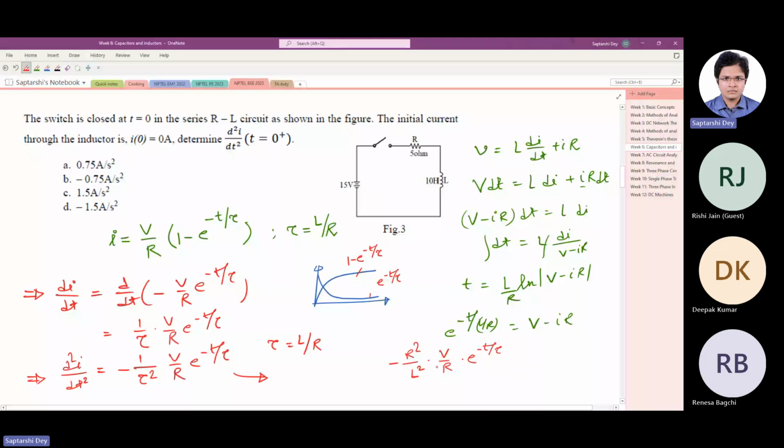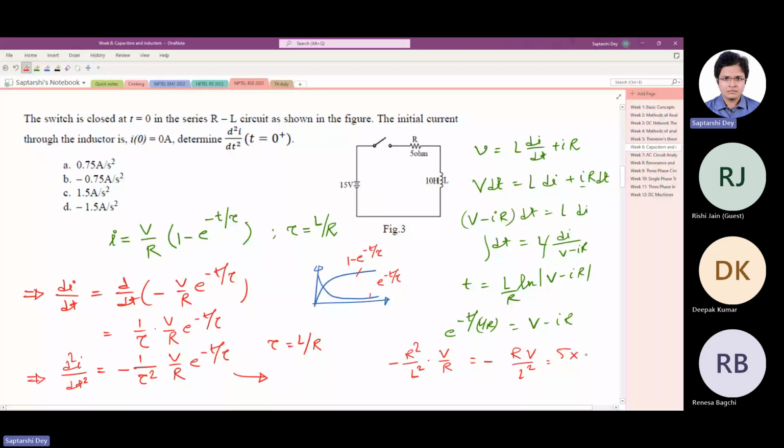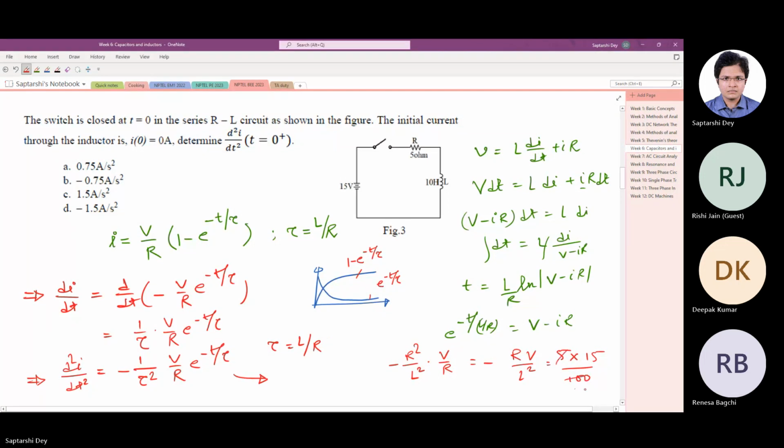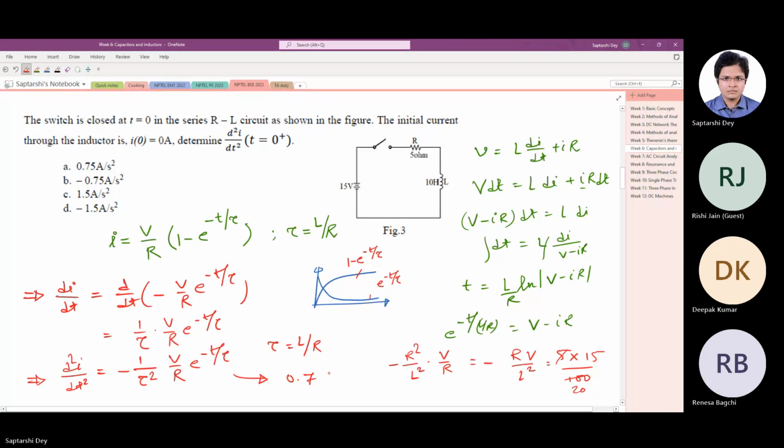So basically just find out this. Just find out minus RV by L squared. So what is RV by L squared? R is 5 into V is 50. Minus 0. Should be 0.75 minus.